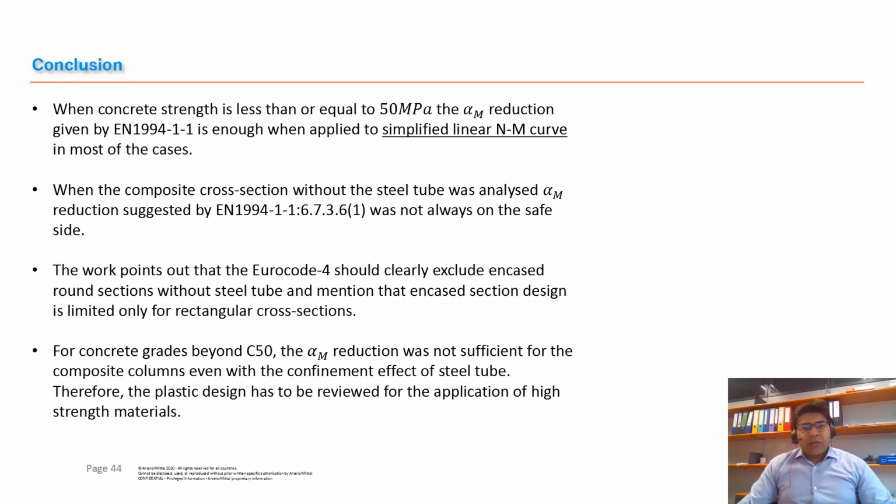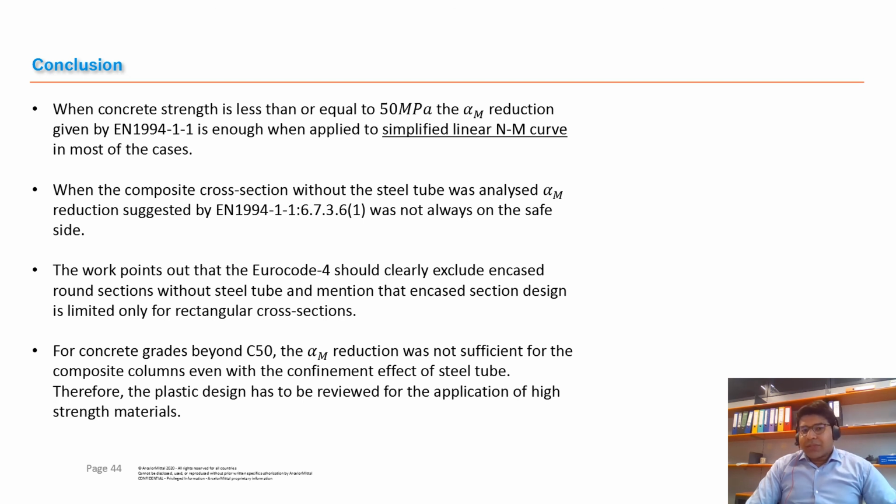Finally, some takeaways from this presentation. When the concrete strength is lower than C50, the alpha M values, or the reduction factor given by Eurocode 4 part 1, can be applied for the simplified linear NM interaction curve in most cases.